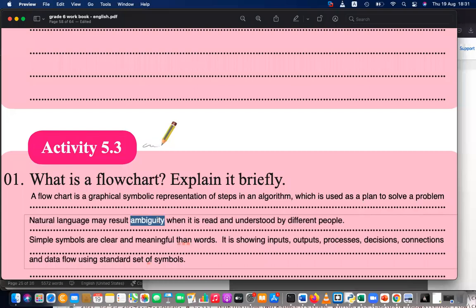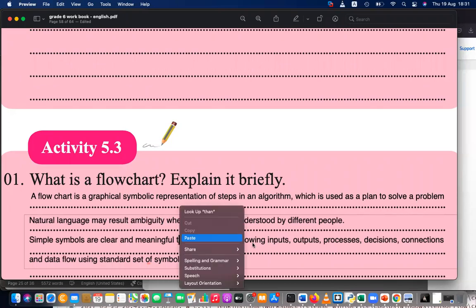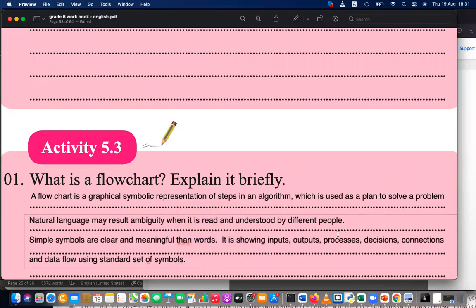So that is called ambiguity. Natural language that we use is ambiguous. It can have some unclear points. Therefore, symbols are clear and meaningful than these words. It shows inputs, processes, outputs, decisions, etc., and the connections of the data flow.